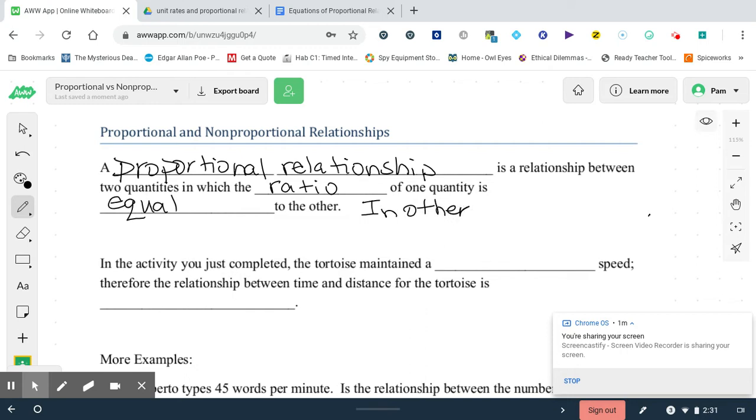In other words, these quantities always maintain the same ratio.